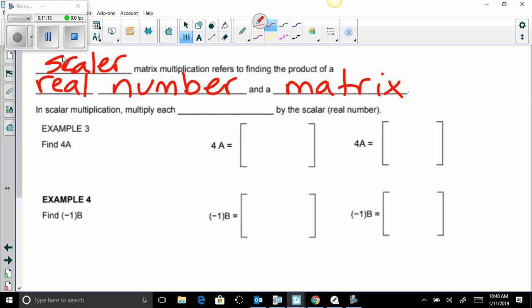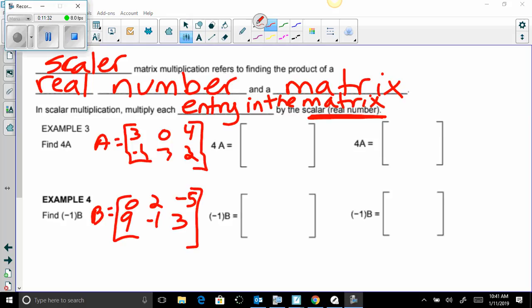In scalar multiplication, multiply each entry in the matrix by the scalar or the real number. So if we look at our first example, it is asking me to find 4A. That means 4 times A. And it's wanting me to use matrix A from up above.